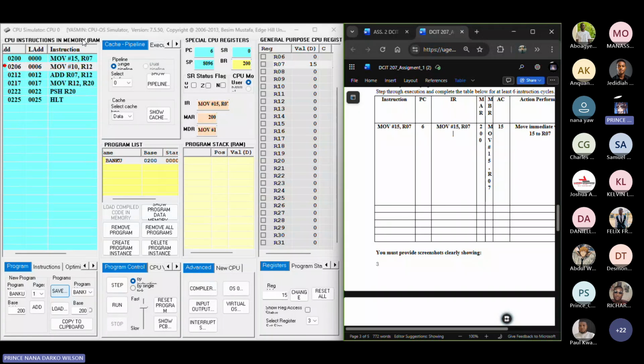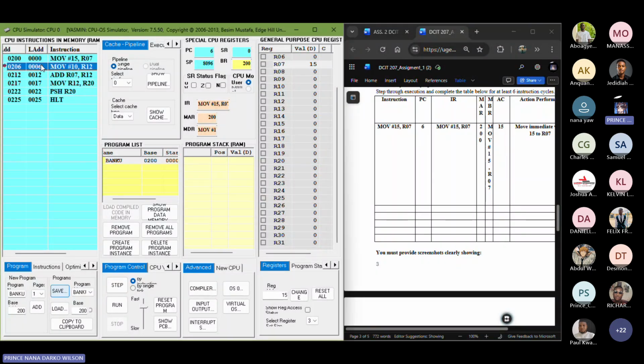For example, the move instruction here has a size of 6 bits. So it means the instruction is stored in 6 separate spaces in memory. Therefore, all the data spaces from 0, 1, 2, 3, 4, 5 are holding the move instruction. You understand? It has been spread in all those data spaces.